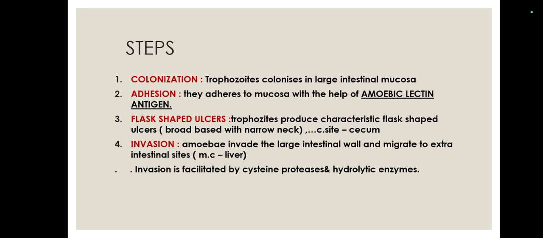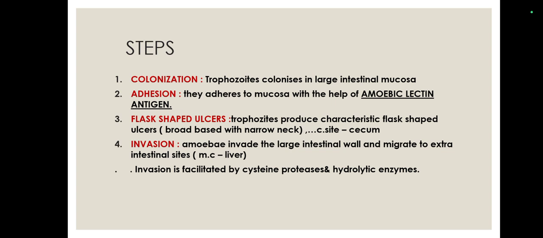First, the trophozoites from the small intestine, where they are released, go to the large intestinal mucosa. They colonize there. Next, they adhere to the large intestinal mucosa with the help of amebic lectin antigen, where it produces characteristic flask-shaped ulcers, which means it has a broad base and a narrow neck.